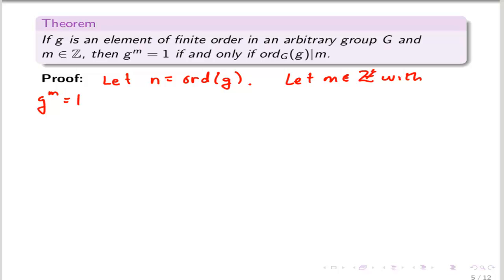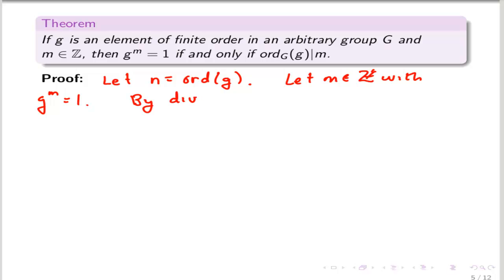So we'll just prove one direction. And I want to prove that the order of g is a divisor of m. Well, it makes sense if you just think of the cycling around. But if we want to write a formal proof, I would use the division algorithm, let's say.